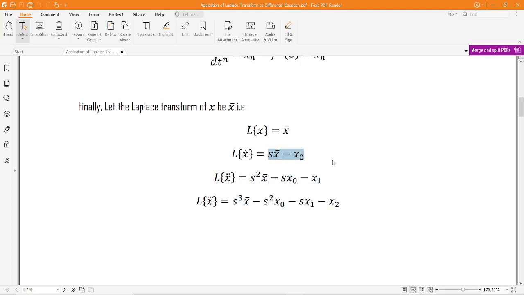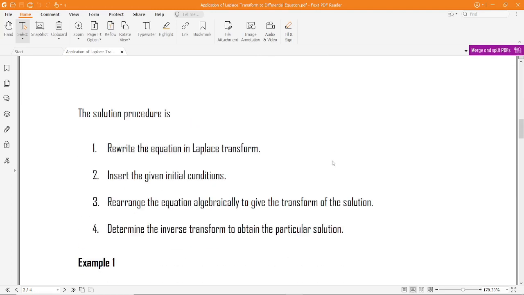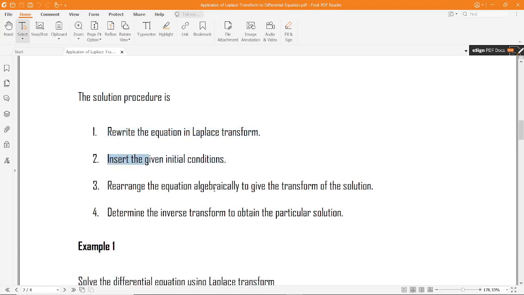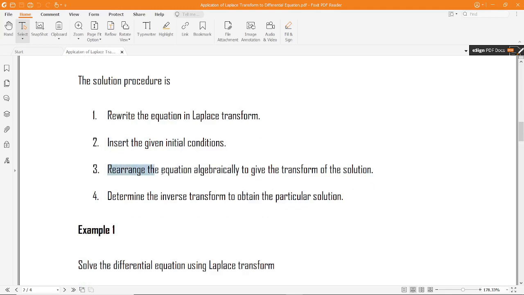Now, the procedure for using Laplace to solve a first order differential equation is that, number one, you need to write the equation in the Laplace form. Then you'll be given initial conditions. So after you rewrite the equation in Laplace form, you insert the initial conditions. Then you rearrange the equation.